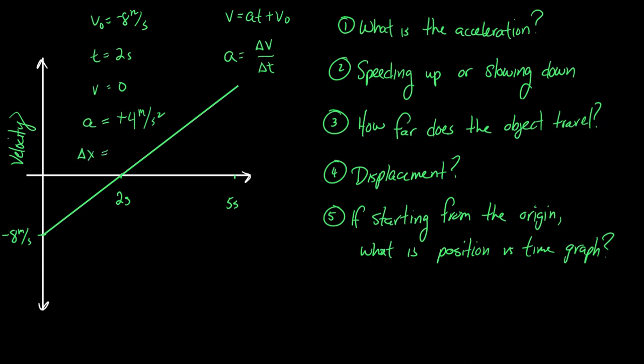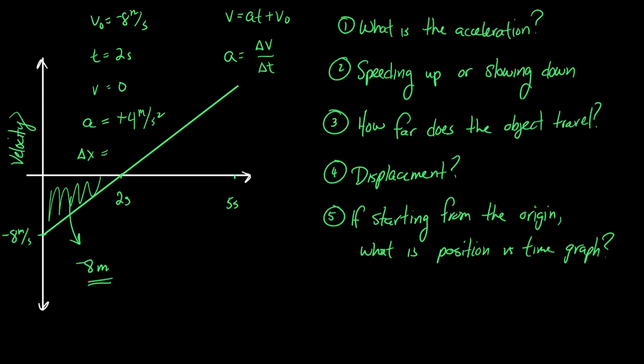It was traveling backwards. I could put all those things together. Or I could quite simply remind you that the area here would be the displacement for this first interval when it was coming to rest, which was negative 8 meters. 1/2 base times height. Or plug it into a motion equation.